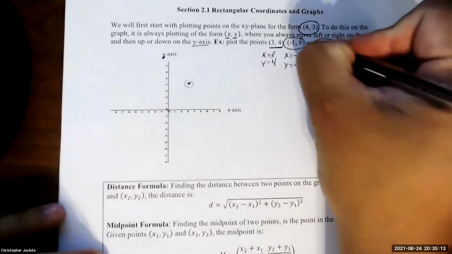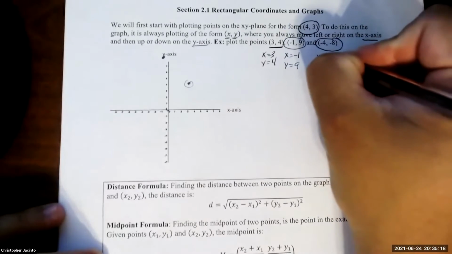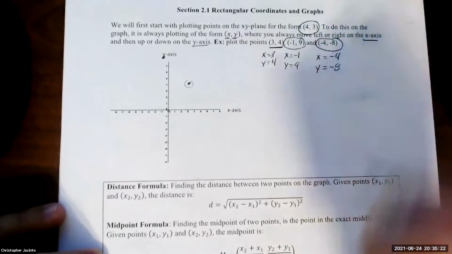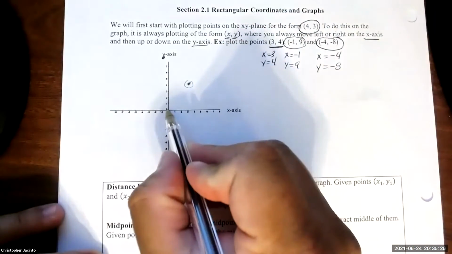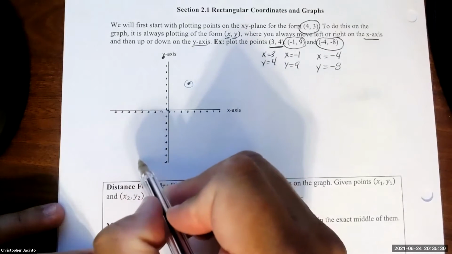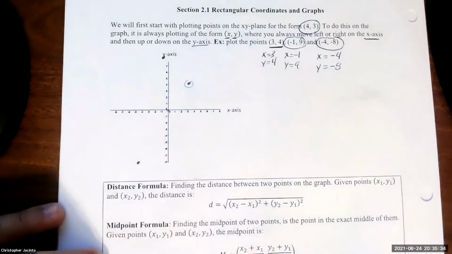And then the last one is -4, -8. We're going to the left 4, and then down 8 from there, because it's negative, so down. To the left 4, -4, and then down 8, which is way down here roughly. And there we go.